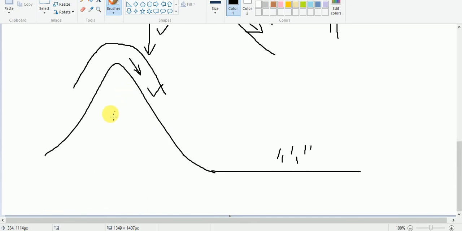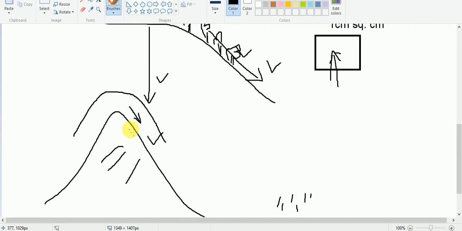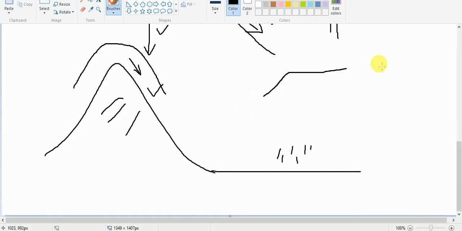Let us say this is a mountain range, a very low mountain range, and let us suppose it is running east-west, in the northern hemisphere. We know that if a mountain range is running east-west in the northern hemisphere, then generally we find more sunlight, more insolation, on the southern slope of the mountain.